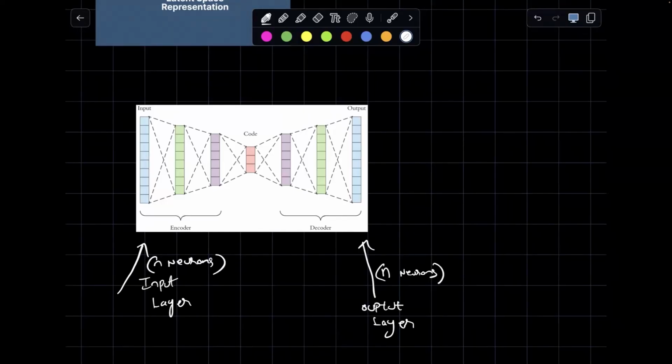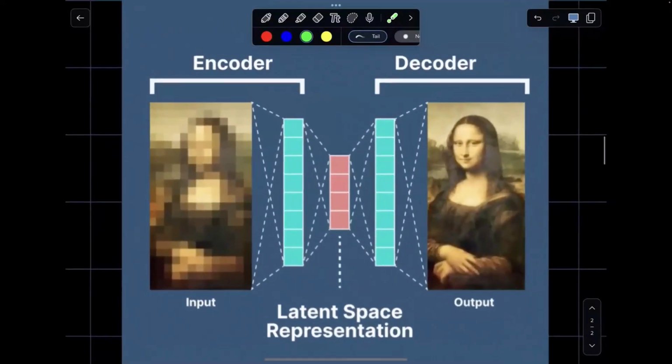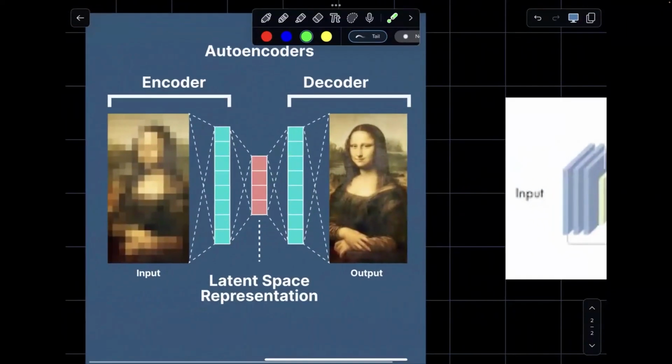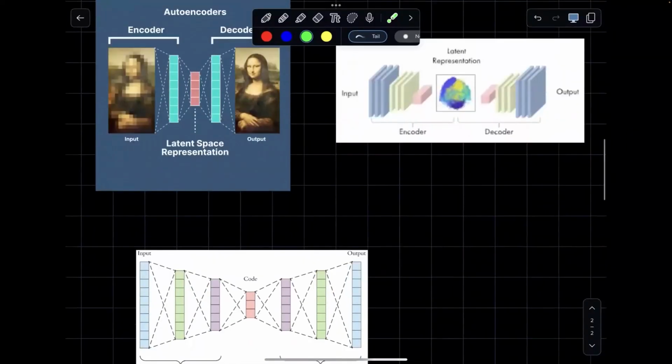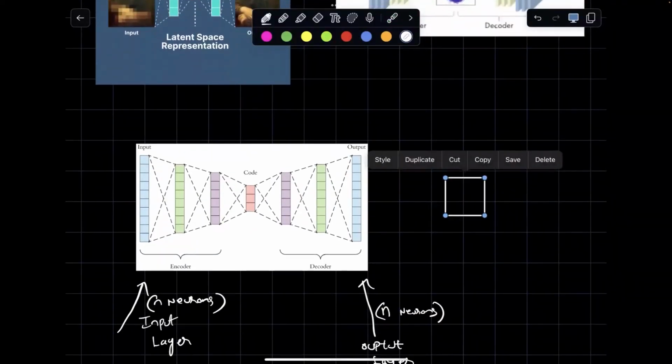Initially, let us say I have an image which is represented using 1080 pixels.